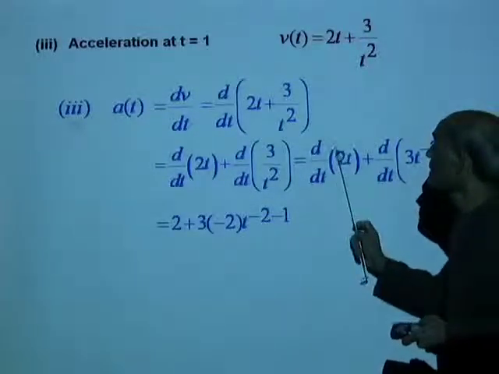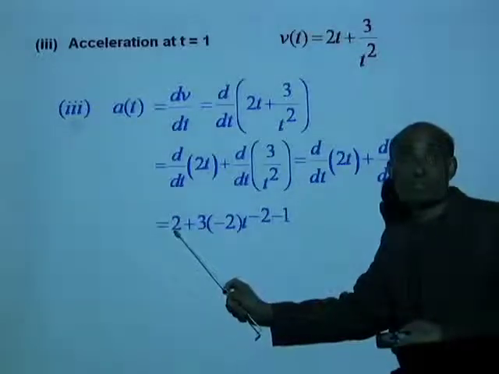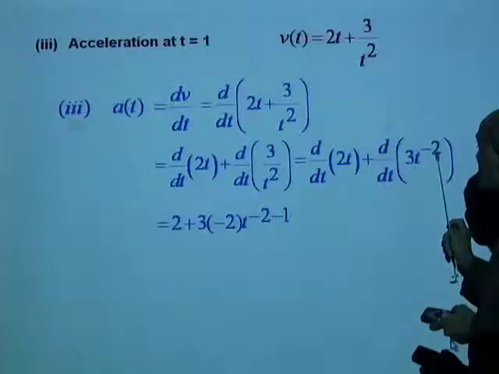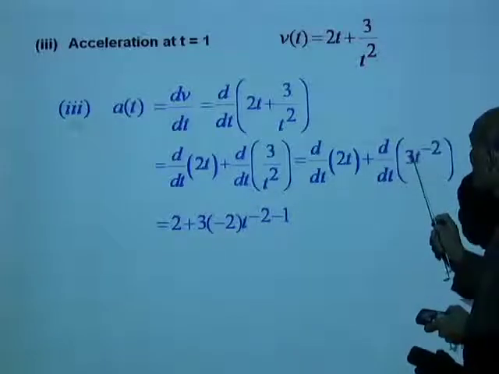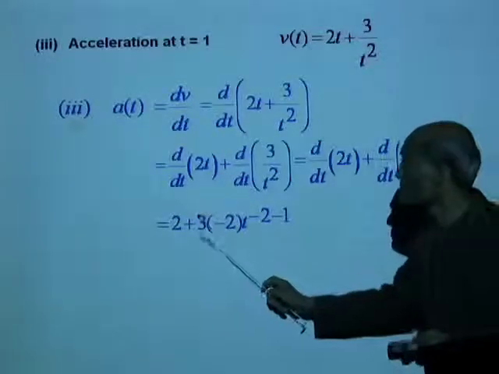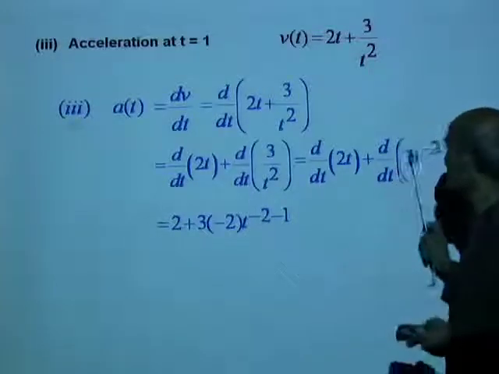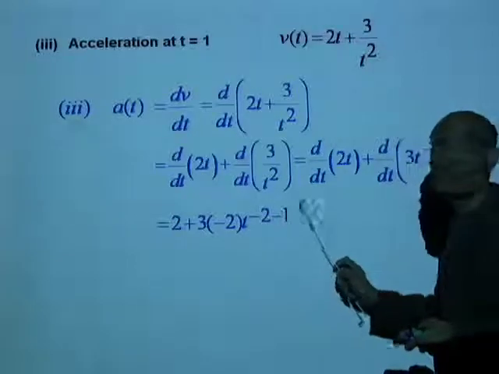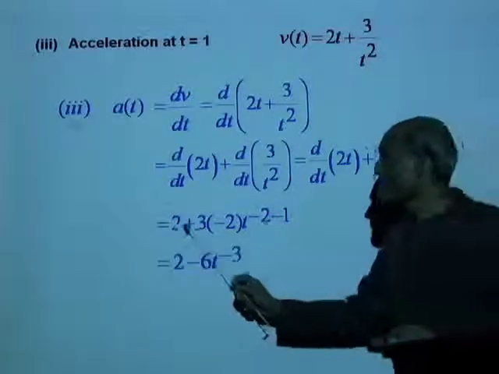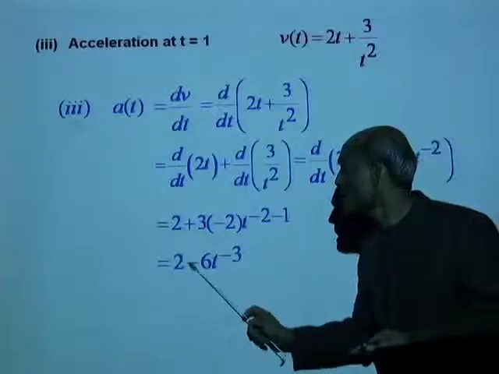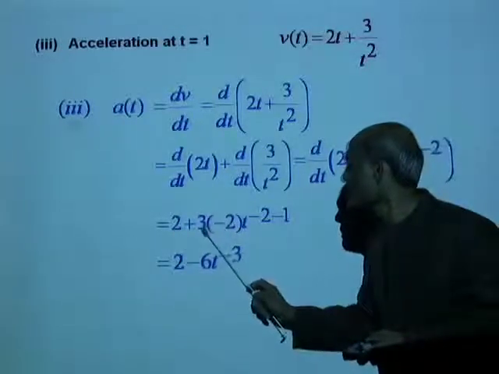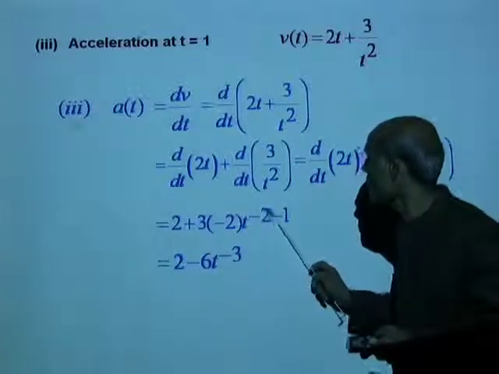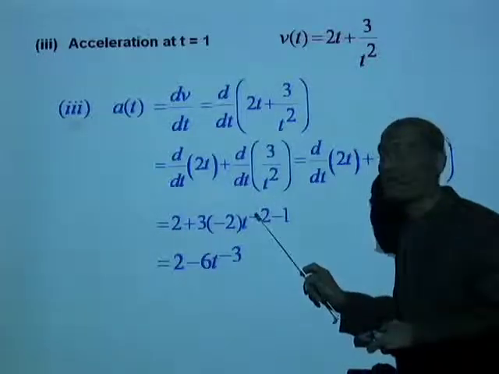The derivative of 2t with respect to t is 2, plus the derivative of 3t to the negative 2, which is 3 times negative 2, times t to the power of negative 2 minus 1. And that will make it negative 6 times t to the power of negative 3.